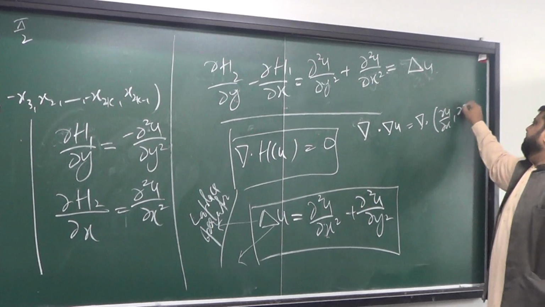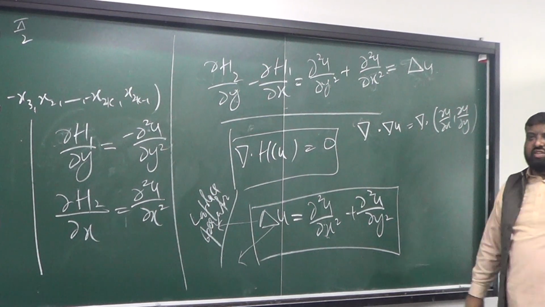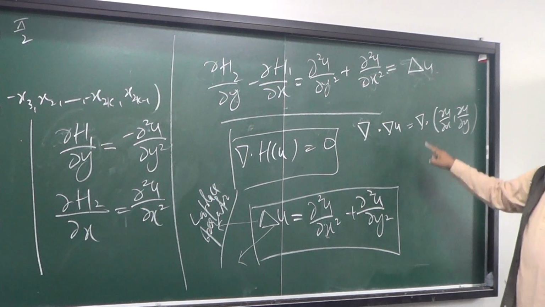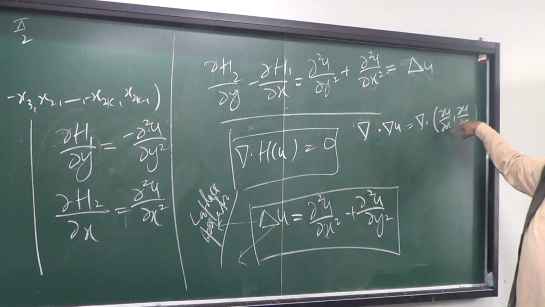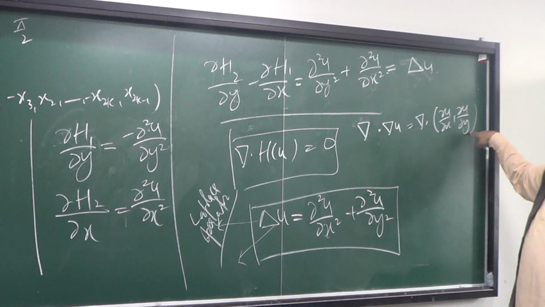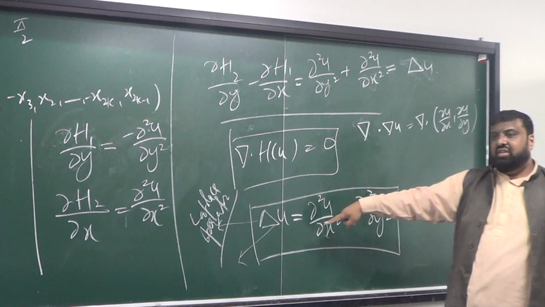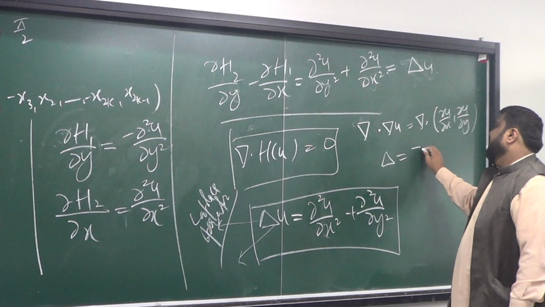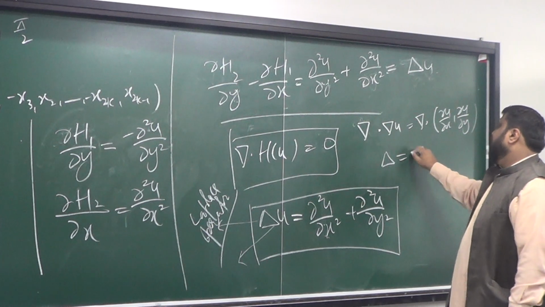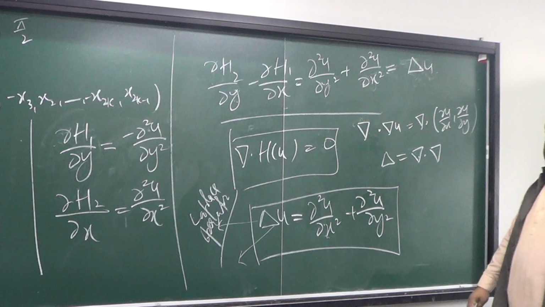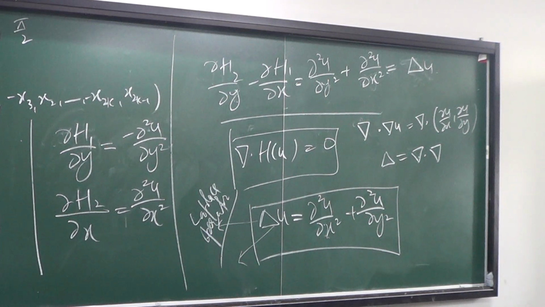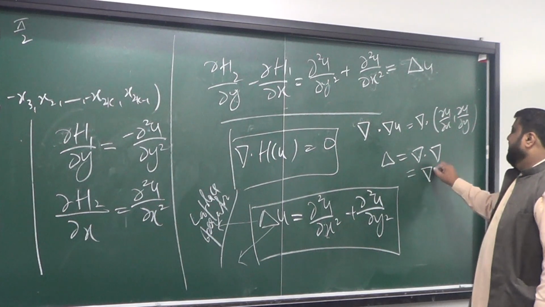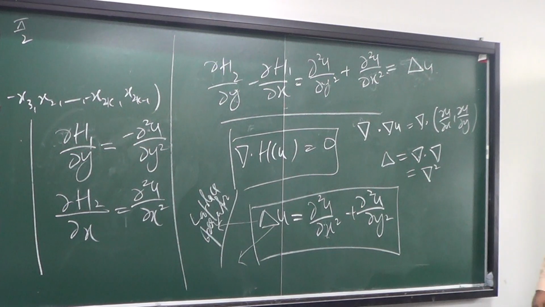The result is partial 2u by partial x2 plus partial 2u by partial y2. It's going to be really the Laplace operator. So the Laplace operator can be seen as the divergence of the gradient. For this, another symbol is also used; we call it del square.